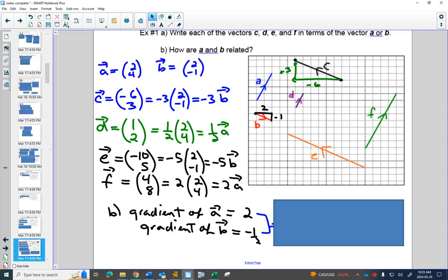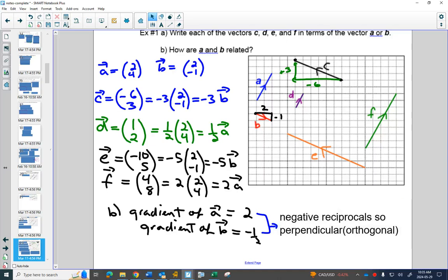The slope of A is 2, and the slope of B is negative 1/2. What does that remind you of when the slopes are negative reciprocals? They're perpendicular. We're going to learn a new word for perpendicular this unit, because perpendicular is used for so many other things in real life that we need a new word.